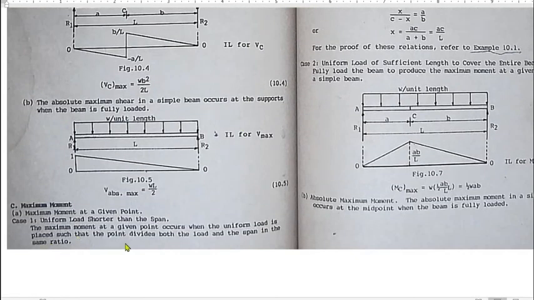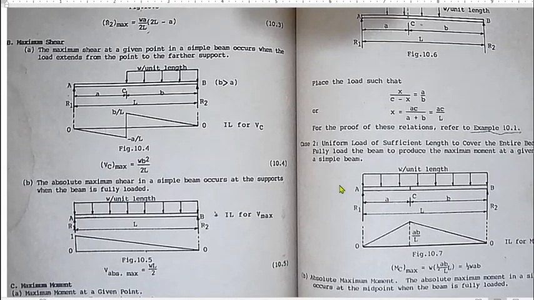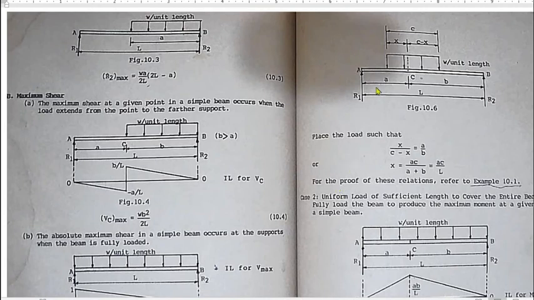The maximum moment at a given point occurs when the uniform load is placed such that the point divides both the load and the span in the same ratio. In the sense na yung A over B is equal also to X all over C minus X, which happens to be this one.